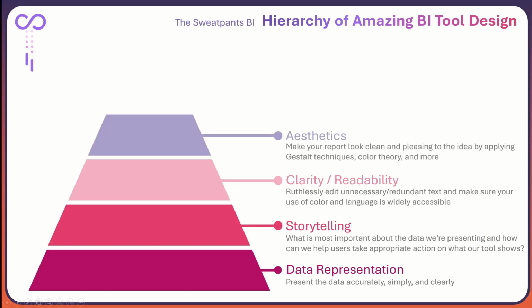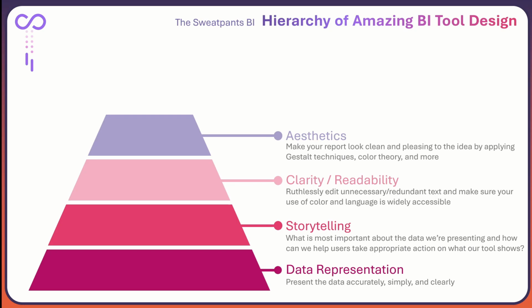After that, we can start getting into some of the more aesthetic or stylized elements of BI tool design. Now I will say that, for me, aesthetics and style are not one for one. They're not the same thing.